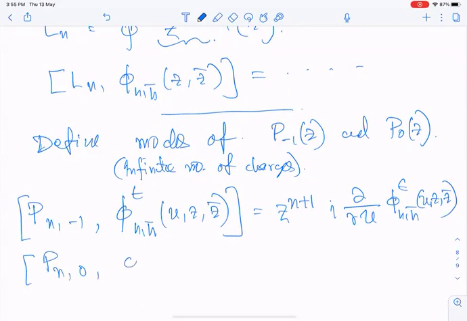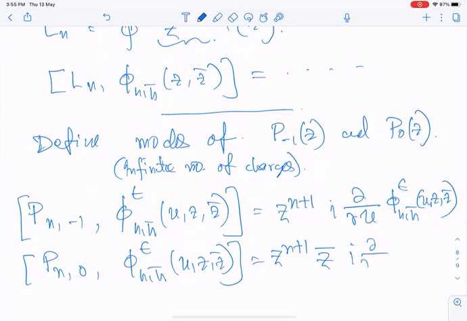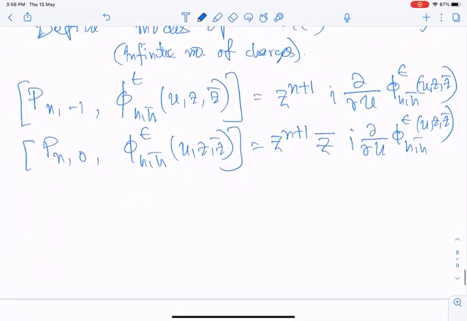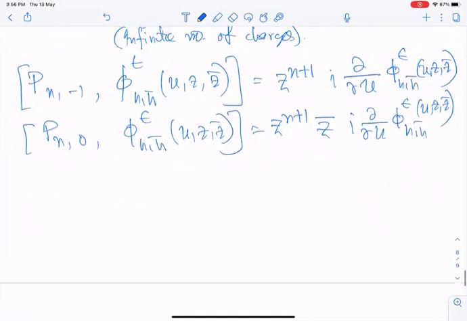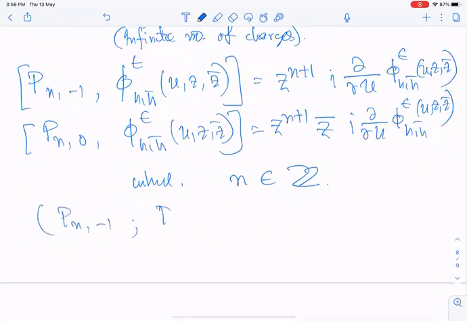Let me just write this down. Here these n's are integers. So now you can see these are conserved charges, an infinite number of conserved charges.